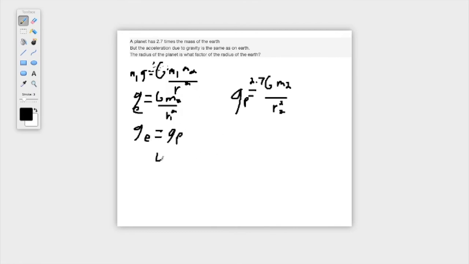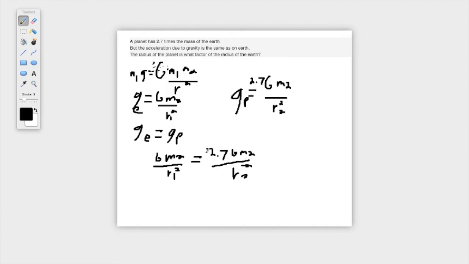So we get G m2 over r1 squared equals 2.7 G m2 over r2 squared.